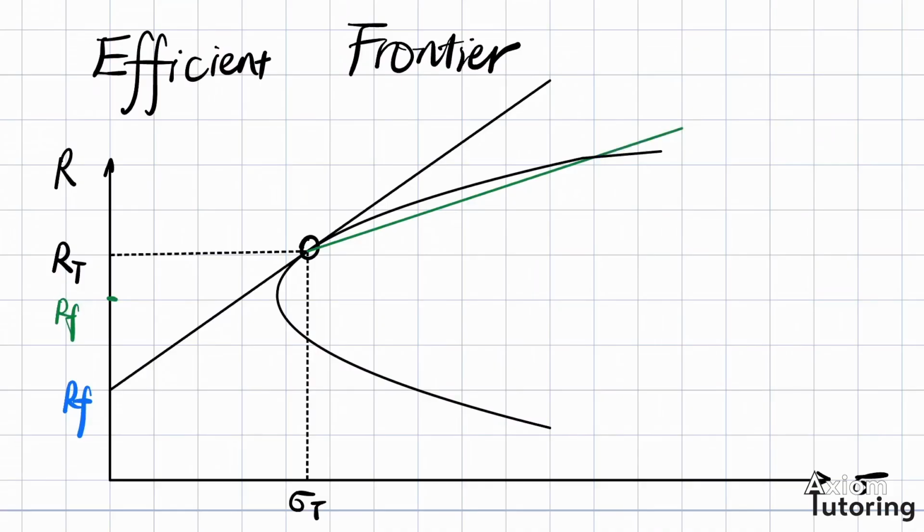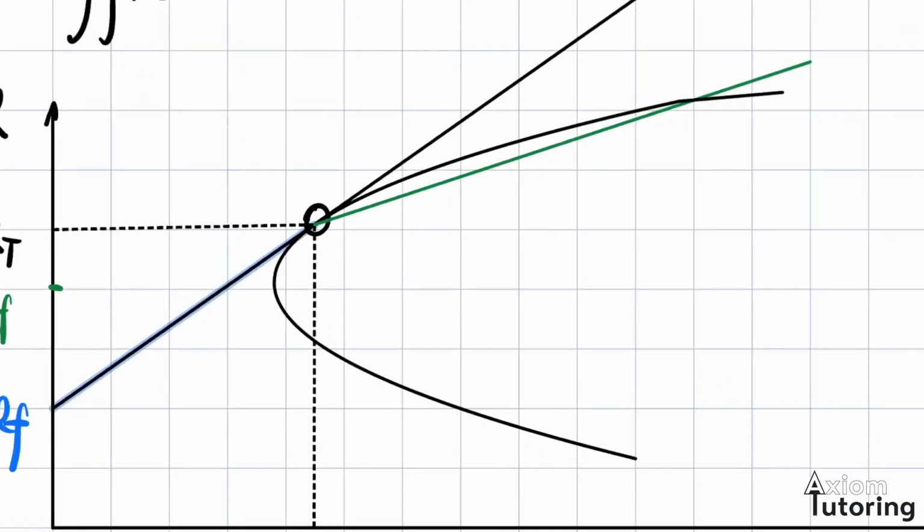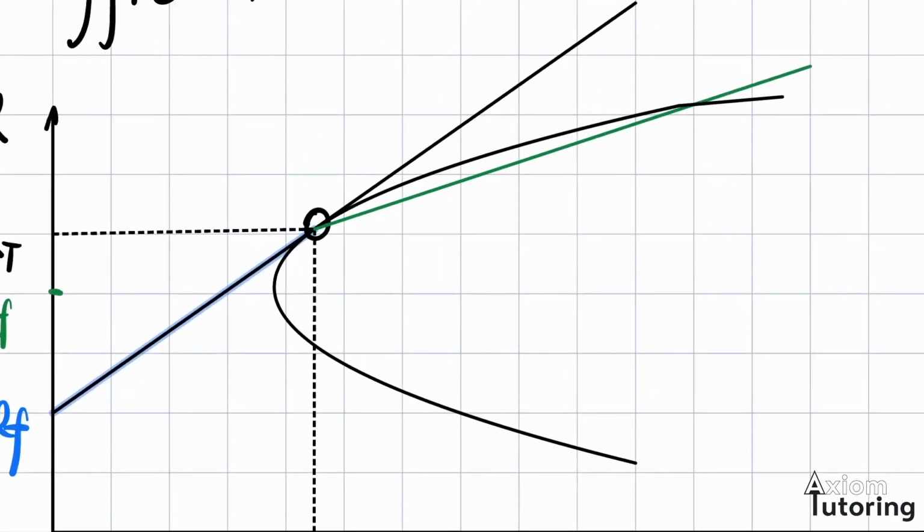It will first be the same as before up until the tangent portfolio, and then you would stay on the risky asset part here. Let's use a highlighter here. Then you will stay here until the green line is higher than your curve again.